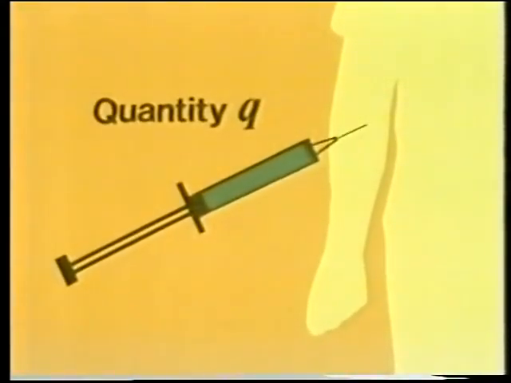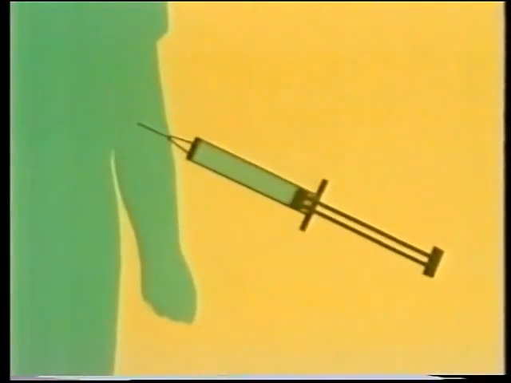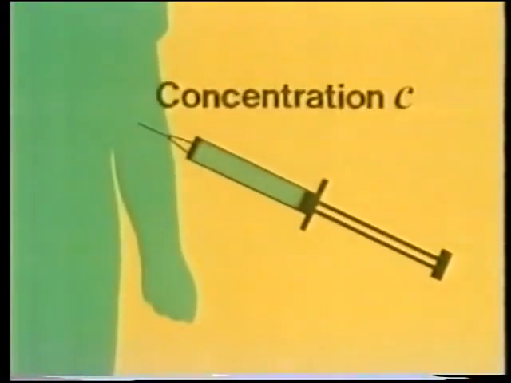I would inject the drug into a vein in the patient's arm, inject it slowly, and then wait maybe 5 or 10 minutes to allow the drug to equilibrate throughout the blood and to start distributing into the tissues. And then I'd take blood samples from the other arm to avoid possible contamination from the injection site, typically at intervals, say, of half an hour.